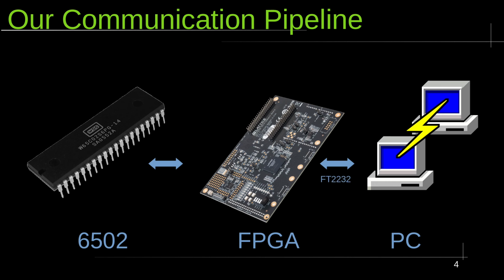Well, the FPGA board, thankfully, has an FT chip that can convert between USB signals from the computer and the signals that you usually use with a terminal. And of course, between the FPGA and the 6502, this is where the fun part comes in. We're going to have to implement our own way to transfer those signals to the 6502.